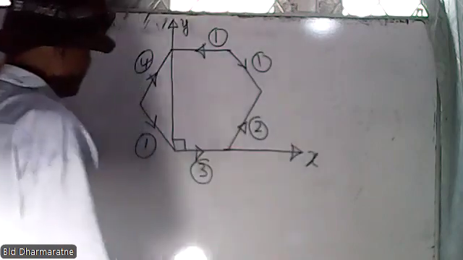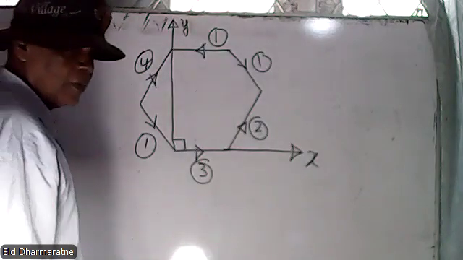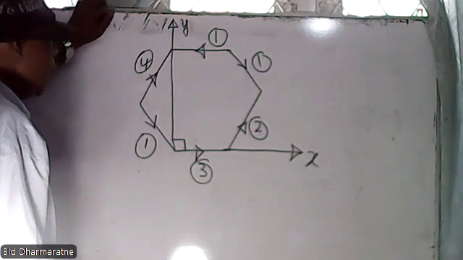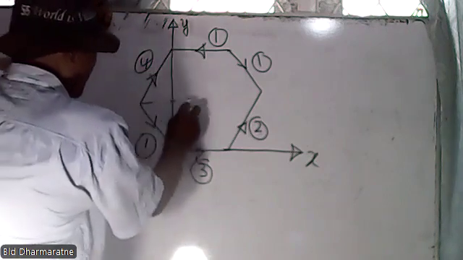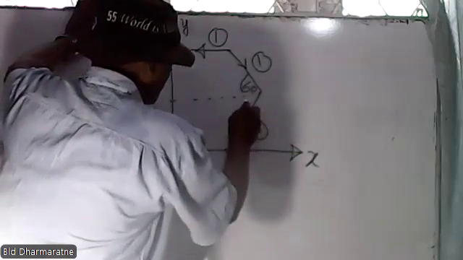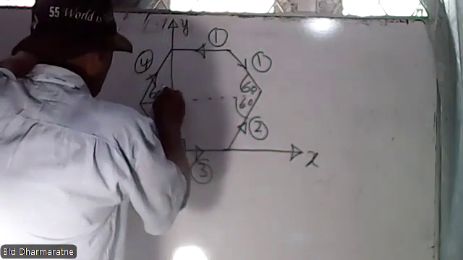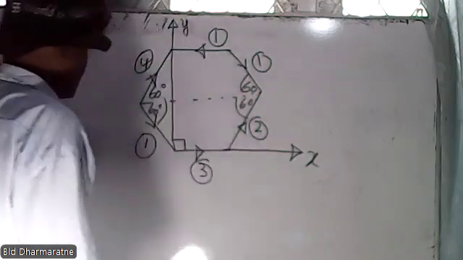Now, for the angular forces, the angles of all the inclined forces should be calculated. This angle is 60, this angle 60 in geometry, this angle 60. Now you get all the angles.